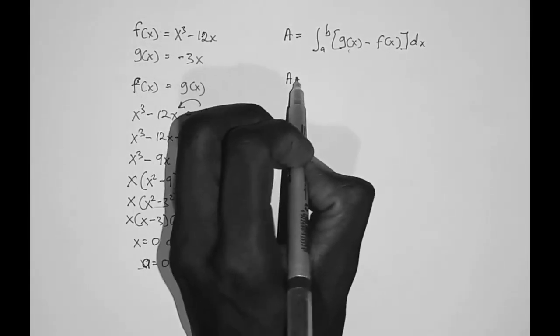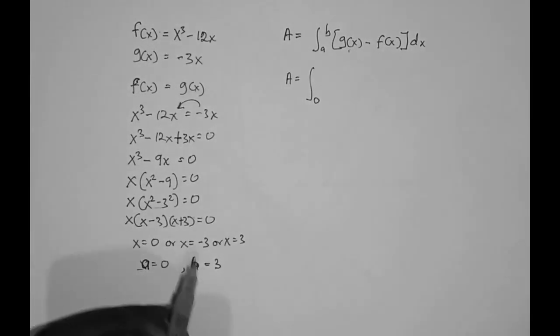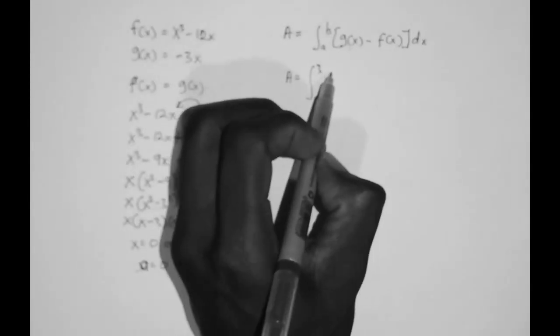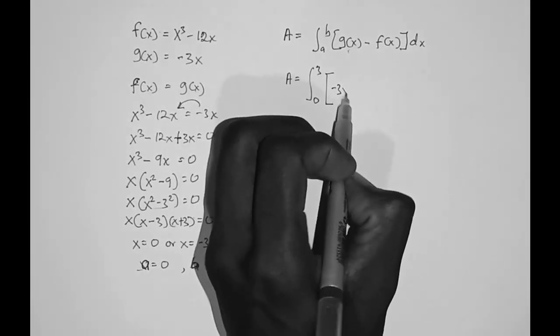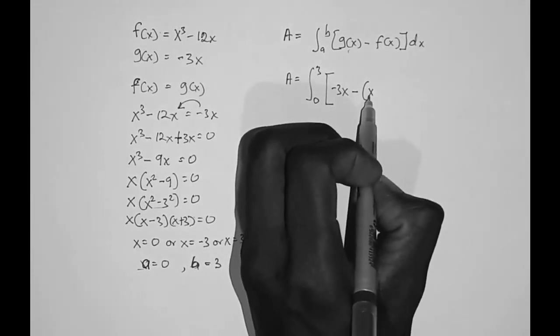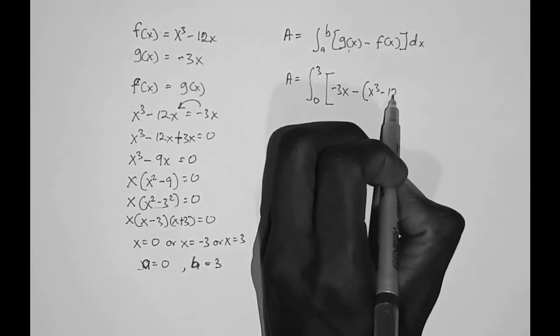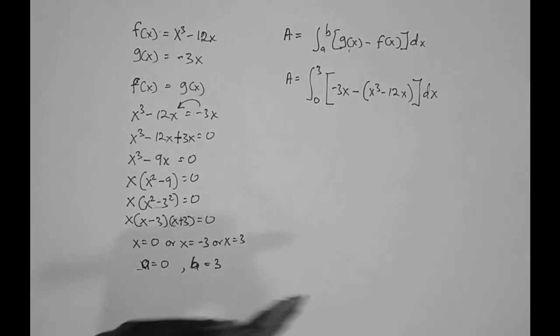So the area A is equal to the integral where a is 0 and b is 3, of open bracket, g of x, which is minus 3x, then minus f of x, the curve, which is x cubed minus 12x, all of this close bracket dx.